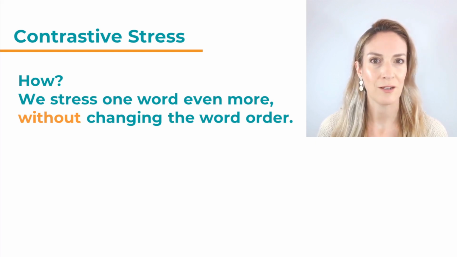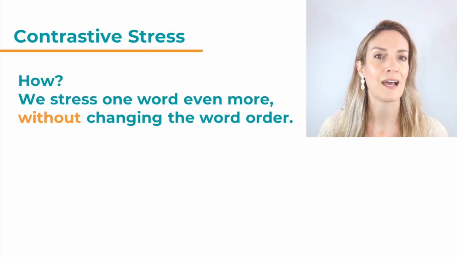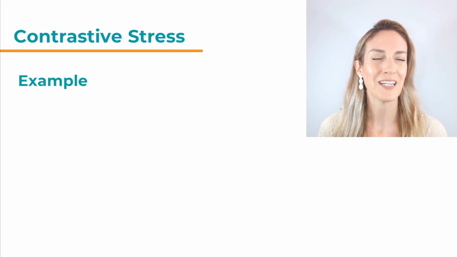So you could say the grammar stays exactly the same in the sentence, nothing changes, the words in their order are the same. The only thing is that now another word is stressed even more than all the other words, and that changes the meaning of the sentence. Let's look at an example to make this clearer.